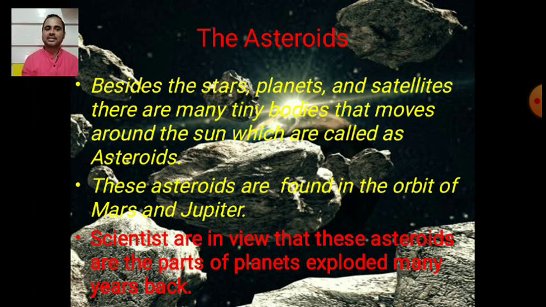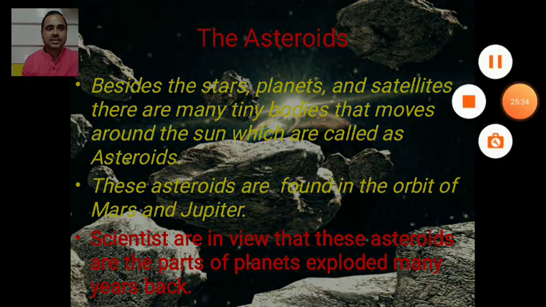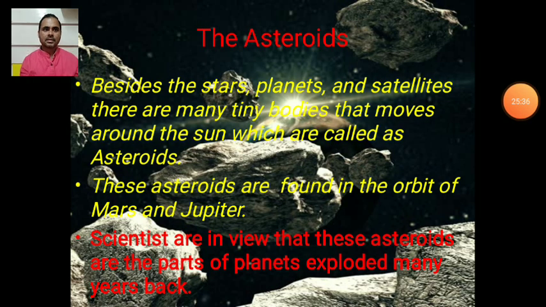The scientists are of the view that these asteroids are the parts of planets that exploded many years back. It means, what are these? These asteroids are the broken pieces of different planets. They exploded, meaning they broke down and they were just floating in the solar system.